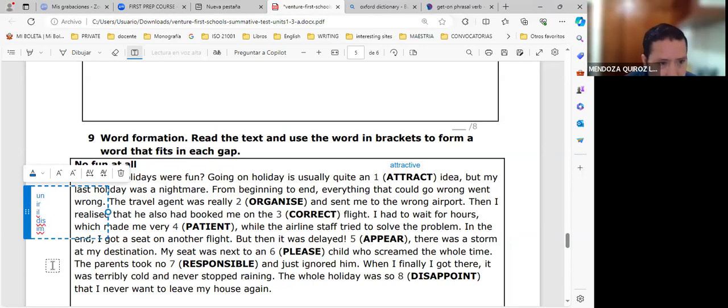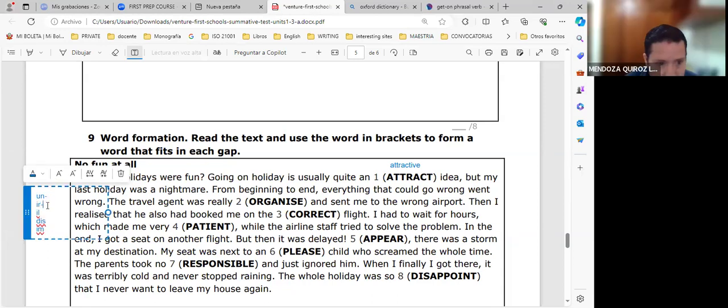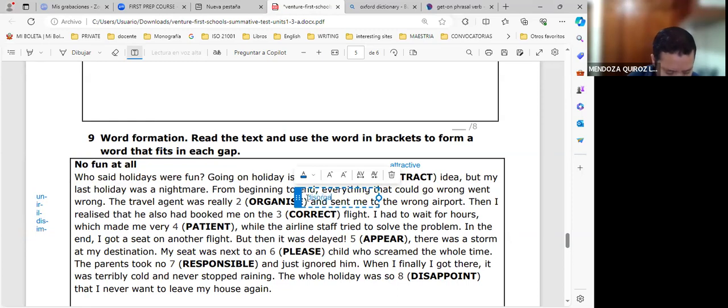Which one would you choose? This. Disorganized. And is for a different situation. Unreasonable, for example. Disorganized here, no? Disorganized.